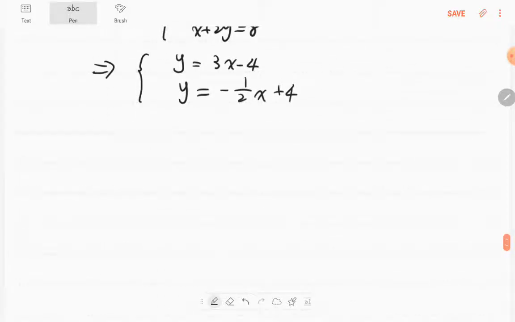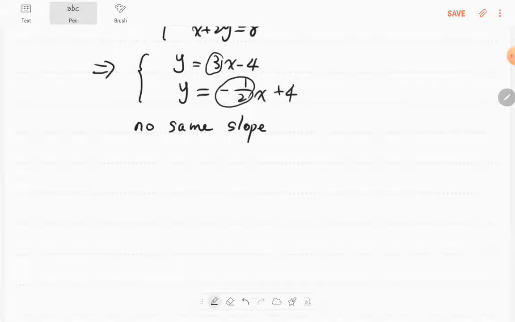Okay, so after that, we can compare the slope for these two equations. And we know the slope for the first equation is 3, and the slope for the second equation is negative 1/2. So they are not the same slope.